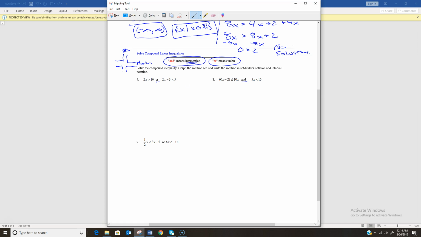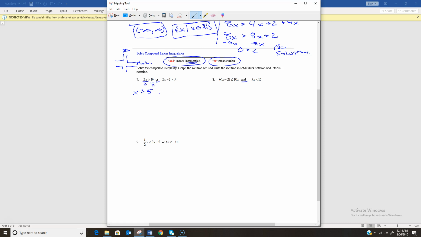So in this case, we've got 2x is greater than 10, or 2x minus 3 is less than 5. So it can be one or the other, and we would still include it. If I divide by 2, x is greater than 5 for this first part.